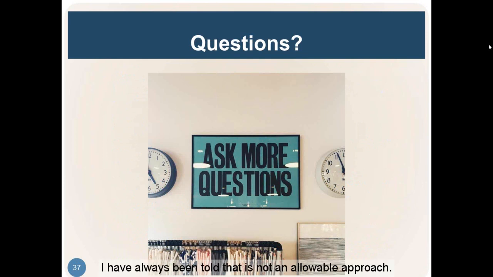And I've always been told that's not an allowable approach. So say, in most of our subgrantees, LIHEAP gets the most money. So if LIHEAP's grant funding is 75% of their funding, then they'd charge 75% of the cost of that item. And it seemed like that's what that was saying.